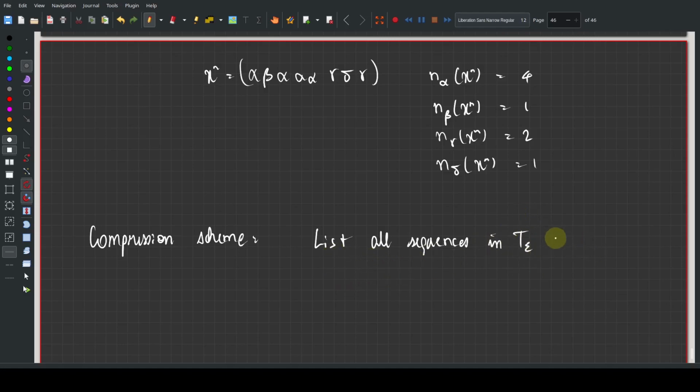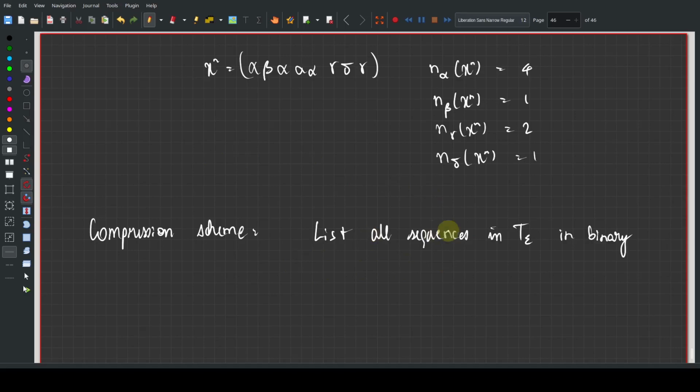So I list all of these sequences and assign a binary string, or index, to each sequence.